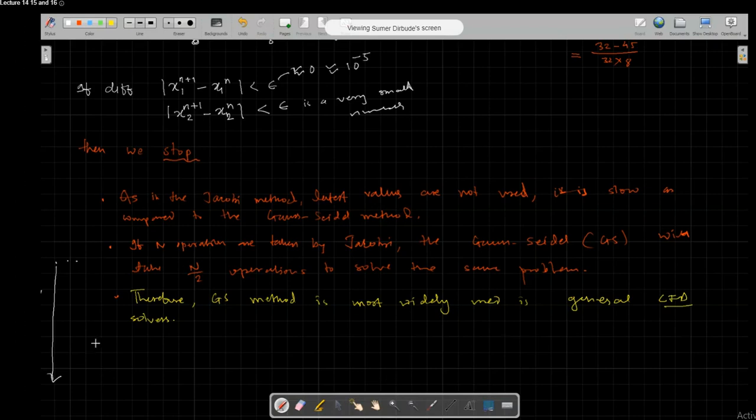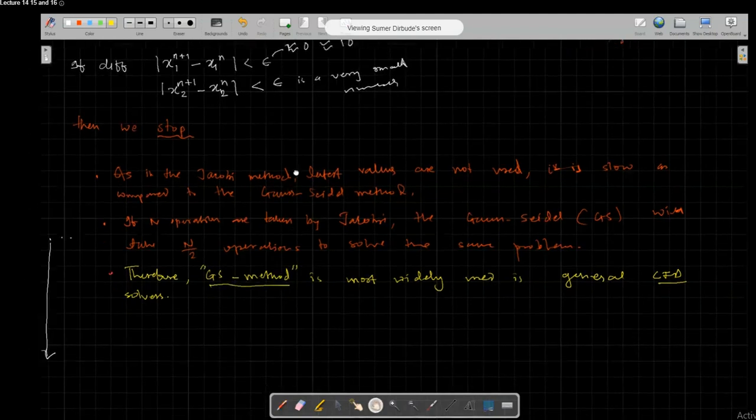Okay. So now we said about Gauss elimination, then we said about Jordan, and then we are talking about Gauss-Seidel method. So we got to know that Gauss-Seidel method is the one which we will be preferring for our problem solutions.